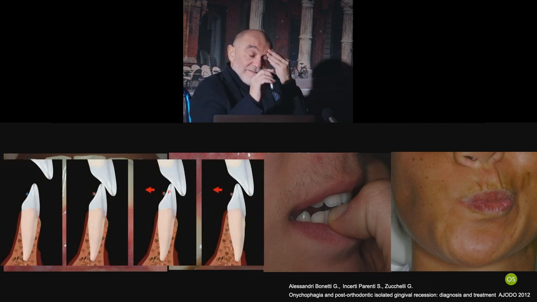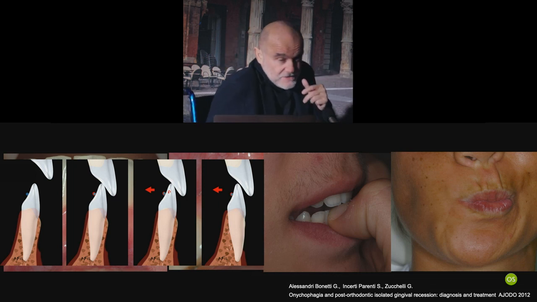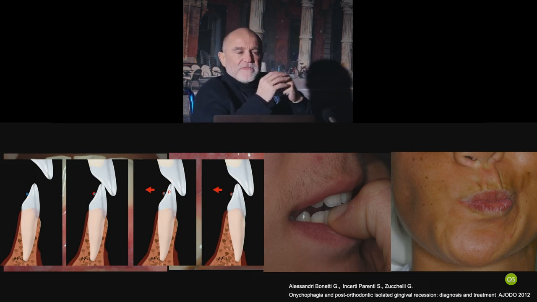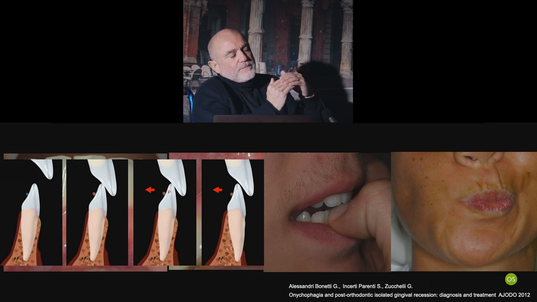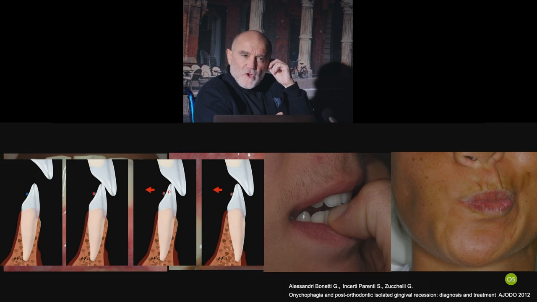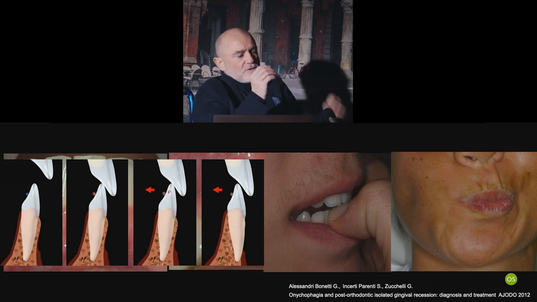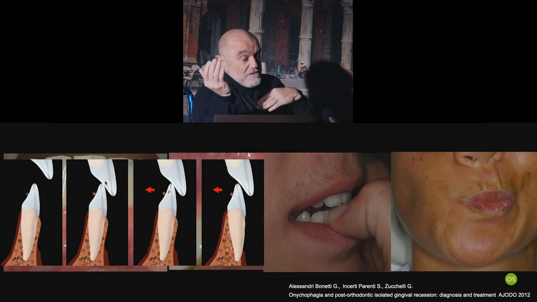In this patient, one possible explanation, because most of the time this patient has a quite deep bite, is that at the end of the orthodontic therapy, the palatal surface of one of the upper incisors was overloading the incisal edge of the incisor that experienced gingival recession.